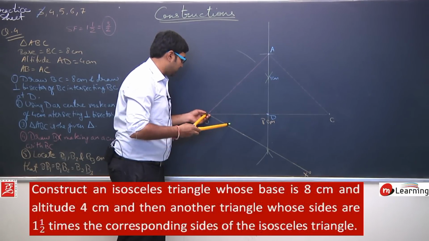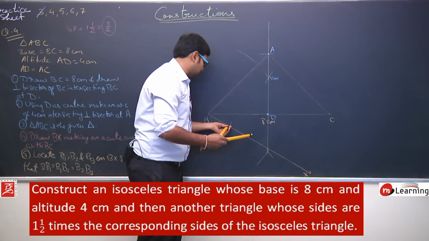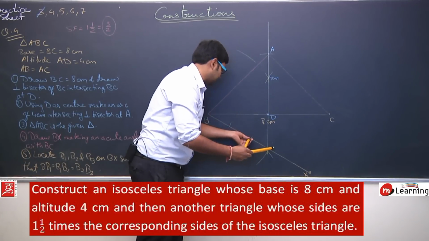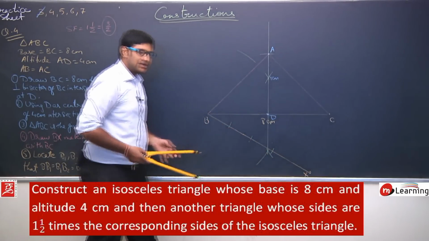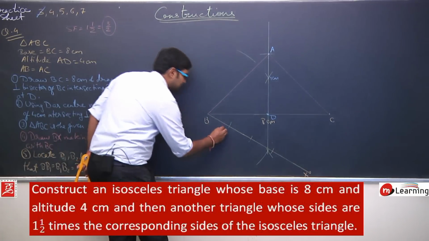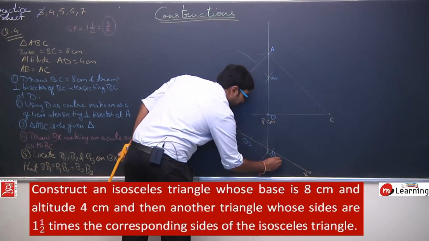I will use this point B and mark an arc like this. Then I will use this point B1 and mark an arc like this, and one more arc like this. So these are the 3 arcs that I can make. This is B1, this is B2, this is B3.